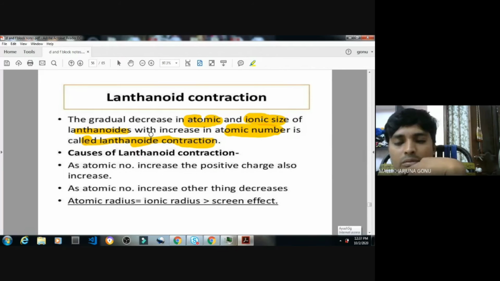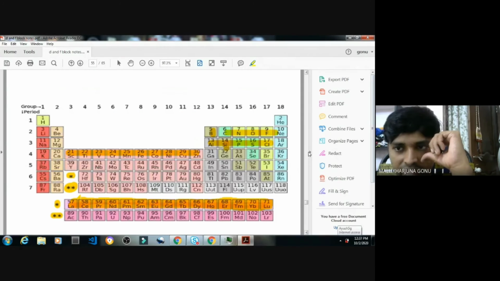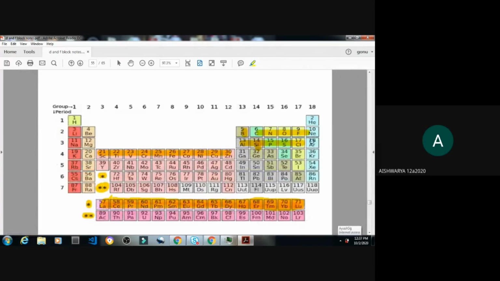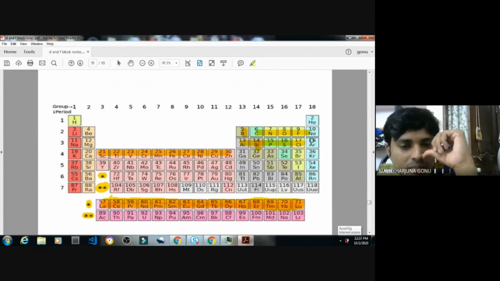Aishwarya, do you remember? I said two elements are having the same type of... Do you remember, Vidisha? What are those? Okay, I will show you the periodic table only. Then tell me, which ones are having the same atomic sizes? Rohini, which ones are having the same atomic sizes in this?